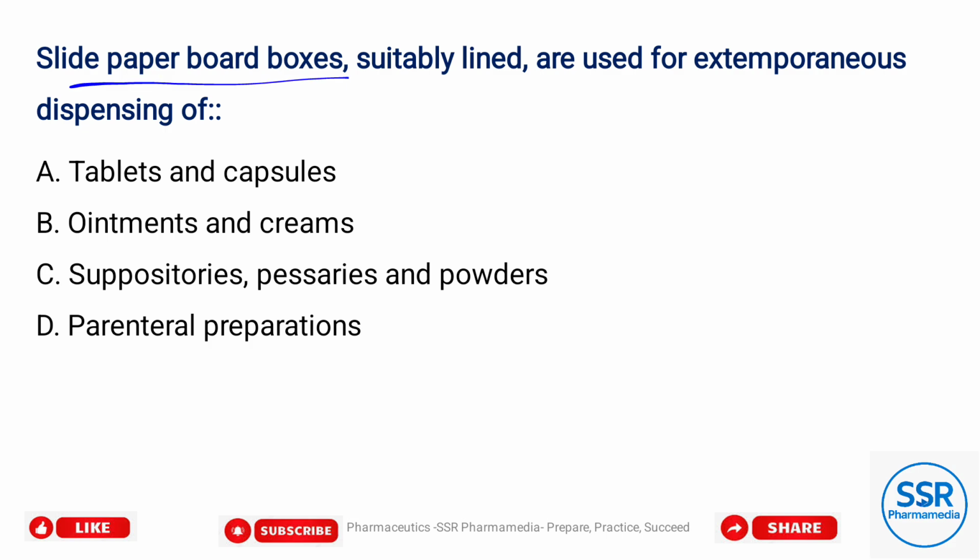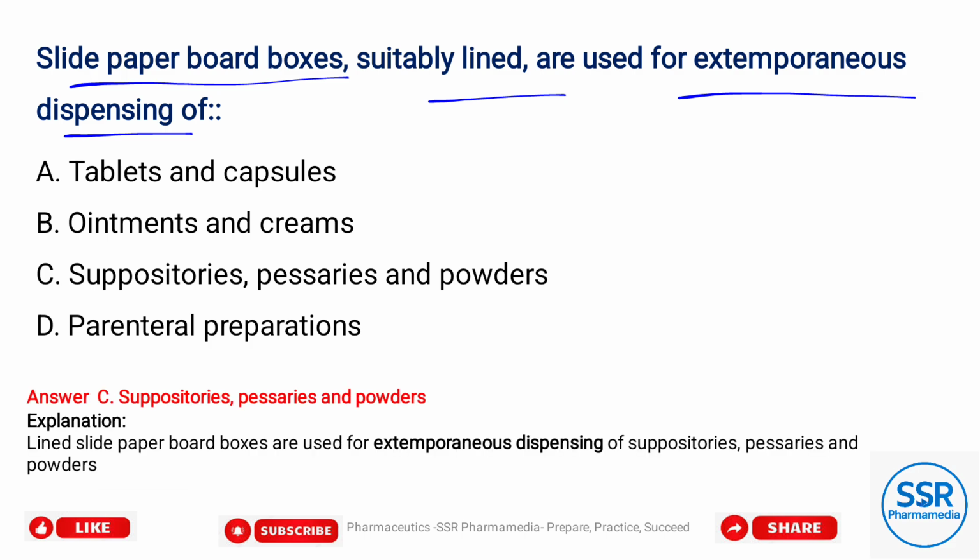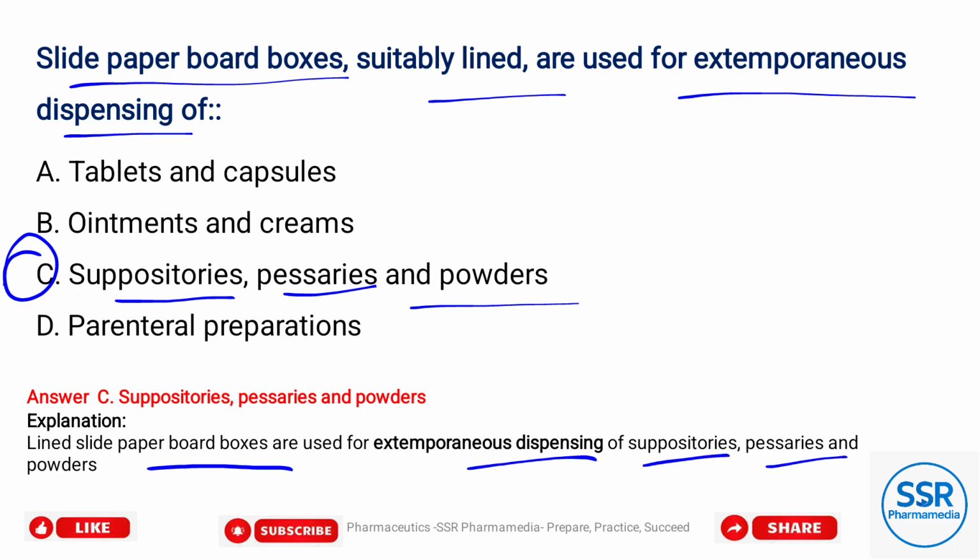Slide paperboard boxes suitably lined are used for extemporaneous dispensing of, option C, suppositories, pessaries and powders. Lined slide paperboard boxes are used for extemporaneous dispensing of suppositories, pessaries and powders.